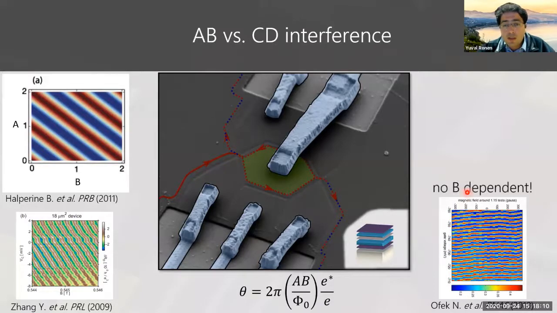What you can see here is that there is no B dependence to the oscillation. This Fabry-Perot has an area of about 3 or 4 micrometers square, and they see interference as a function of area, the y-axis, but they don't see interference as a function of magnetic field.